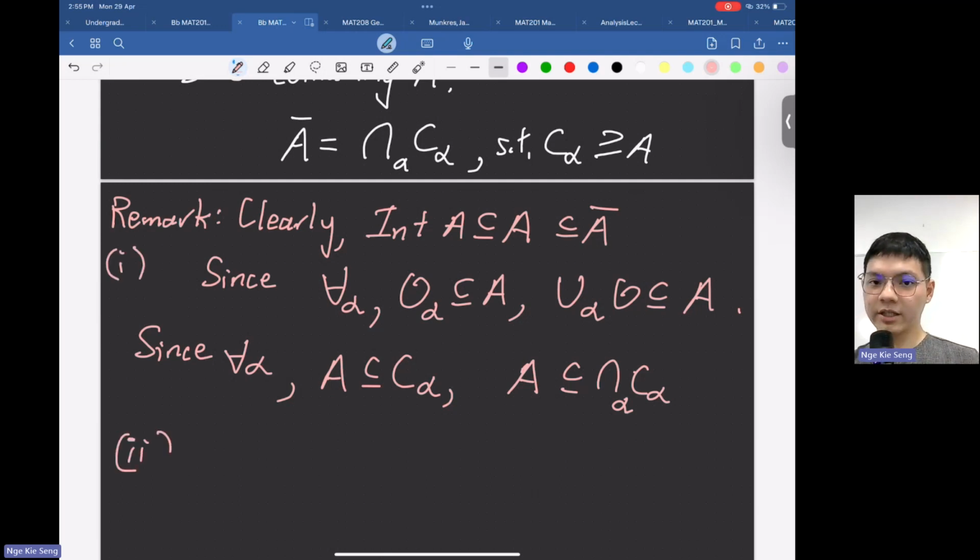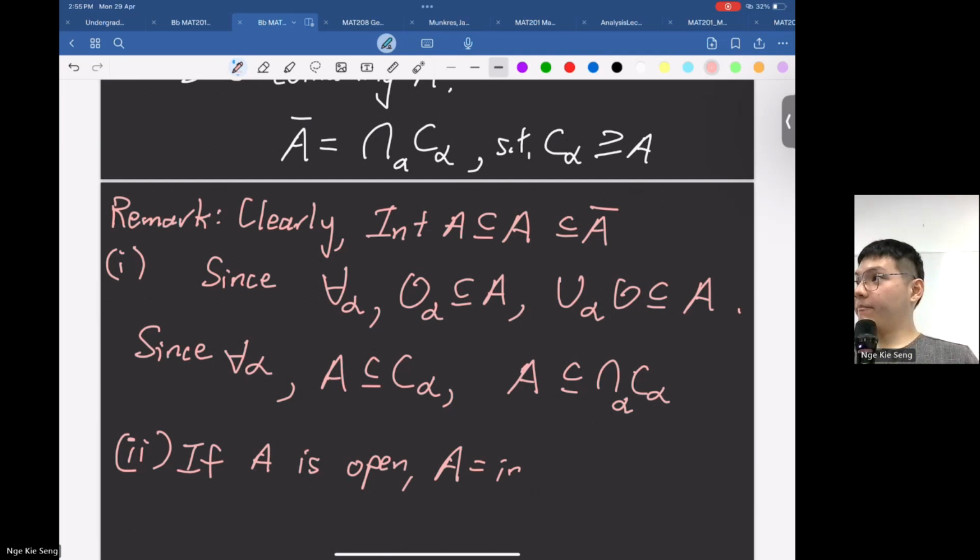How about the second remark here? If A is open, then A equals the interior of A. Why? Because A is one of the open sets, so you will include A in your union.